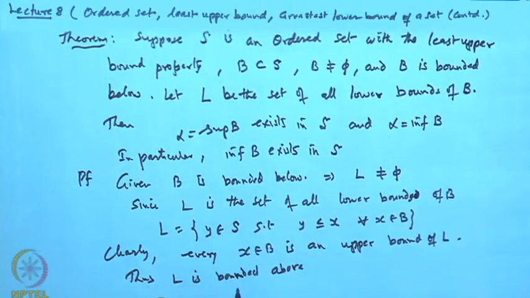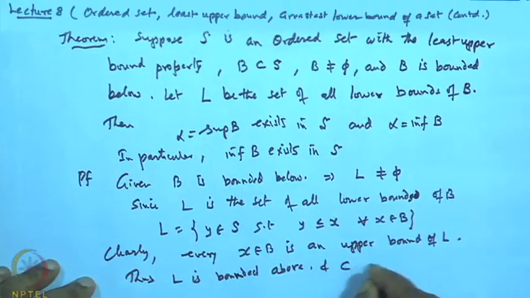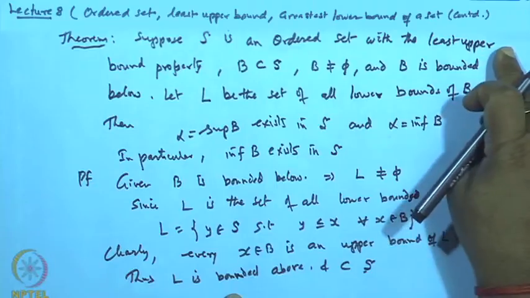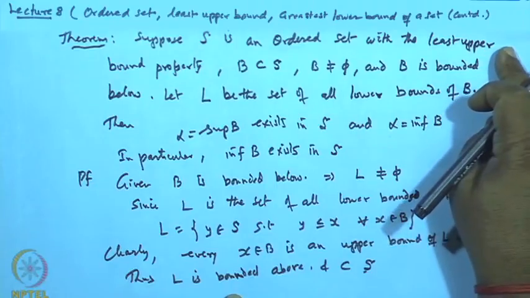So, L is a non-empty set which is bounded above, and it is a subset of S. S is an ordered set, so we can apply the property because S has the least upper bound property.